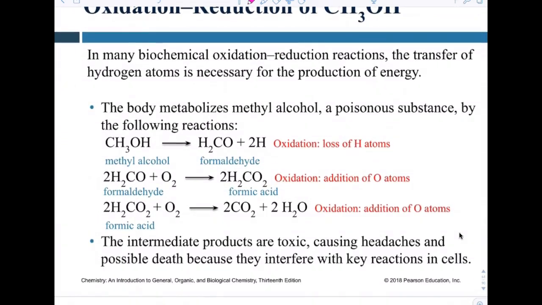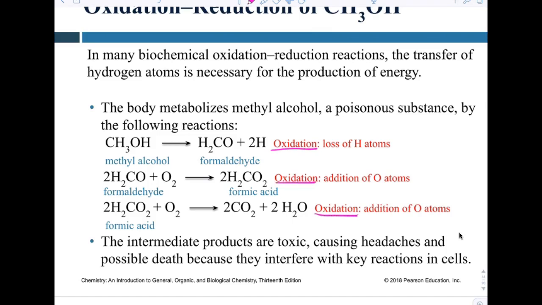So, looking at these examples, if you have a loss of hydrogen or a gain of oxygen, that's oxidation. And so looking at these examples here, I have some oxidation reactions.